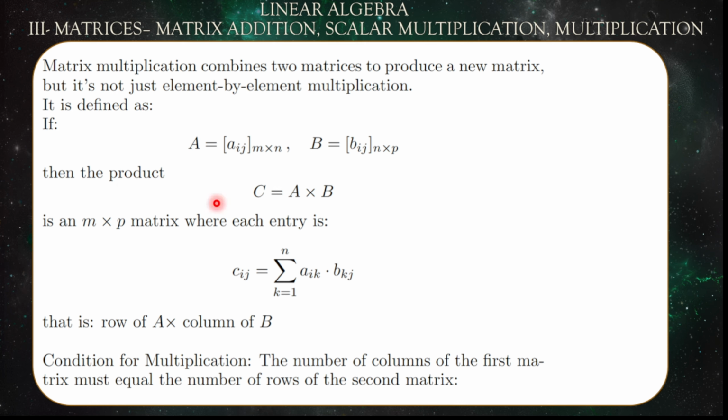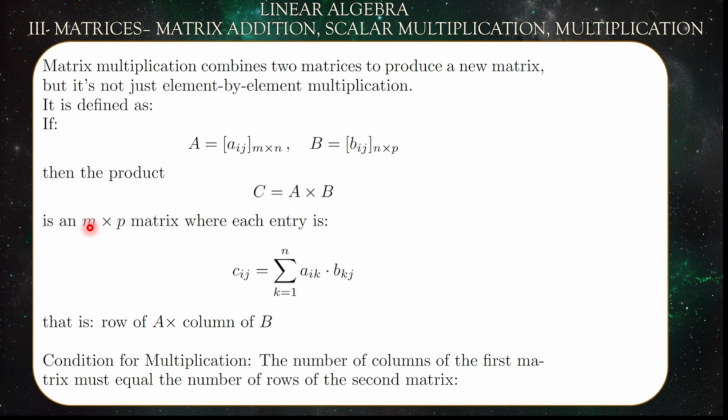Then the product C is equal to A cross B, an M cross P matrix where each entry is, okay, this is what I mean by M cross P. So the product of these two matrices generates a new matrix C, which has M rows and P columns.